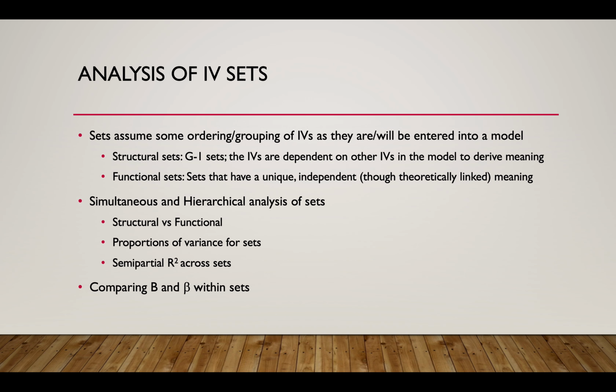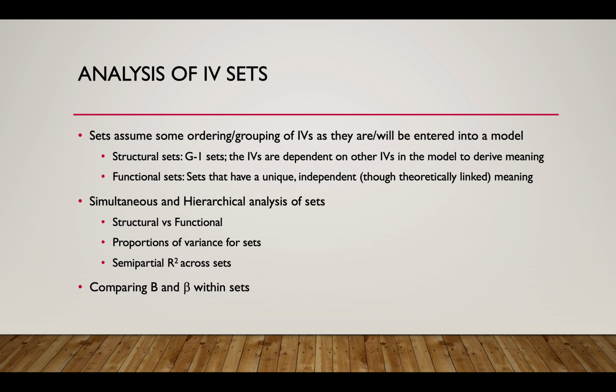Structural sets, in this case, we would have 0 being coded as anything that is one of those groups. And then let's start over. If you have 3 conditions, then you are going to have g minus 1 variables in your structural set.